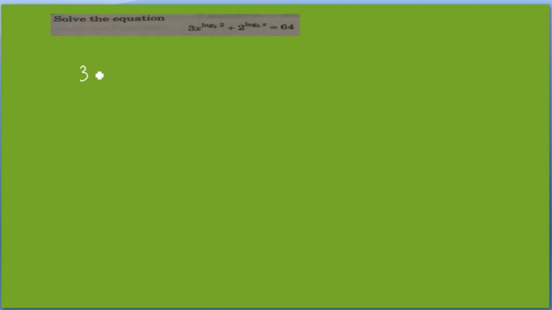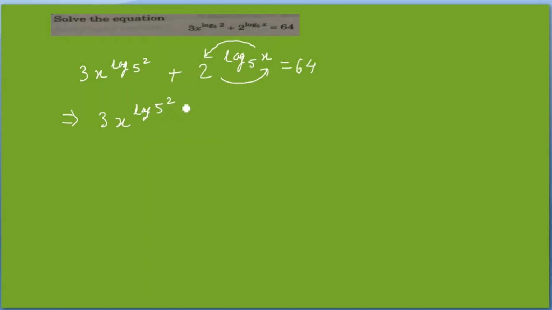So 3x log 5 plus 2 log 5x equal to 64. As you can see, there is x in the power of 2, so by the property of logarithm we will replace these two terms, and we can write 3x log 5 plus 2 log 5x.